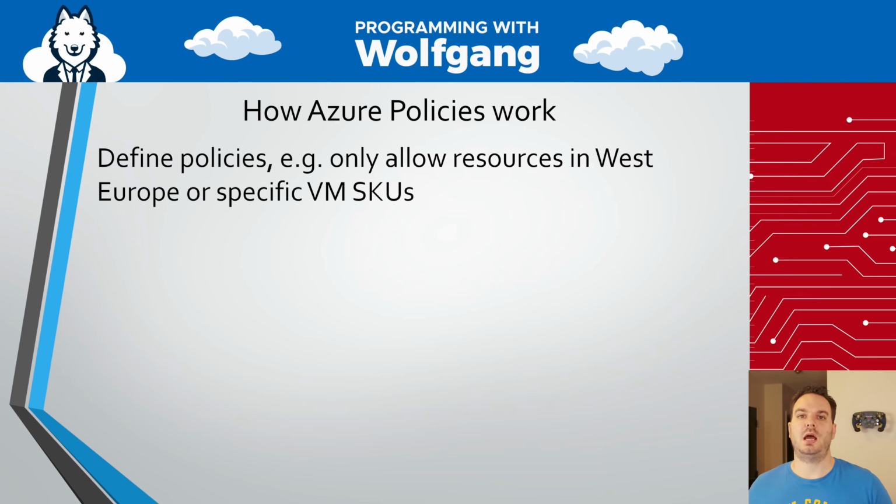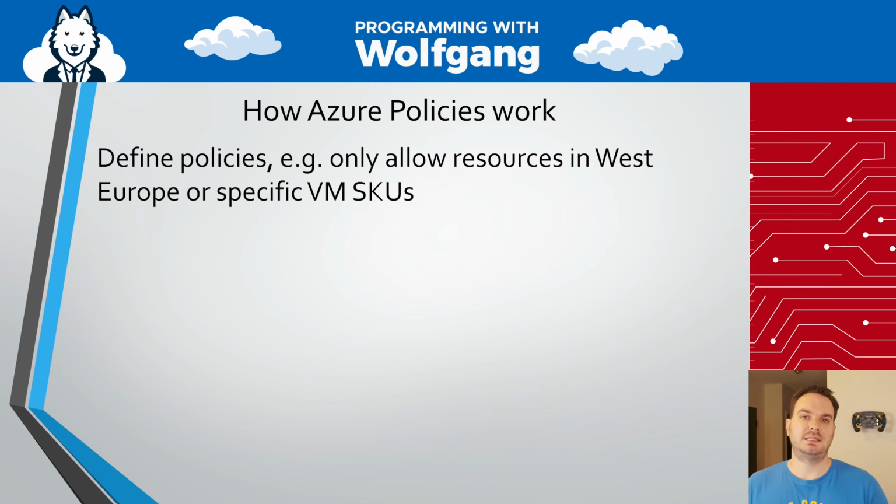Now let's take a look at how these Azure policies work, because the first time you get started, they can be quite complicated. But in the simplest terms, first we have to define a policy. So either we can use a Microsoft built-in one, or we can write one ourselves. And then we have to tell the policy what it should do. For example, we can only allow the creation of resources in a specific location, for example, in West Europe.